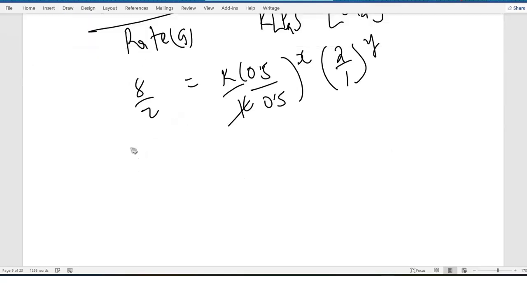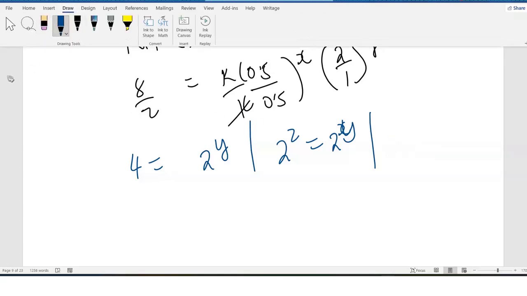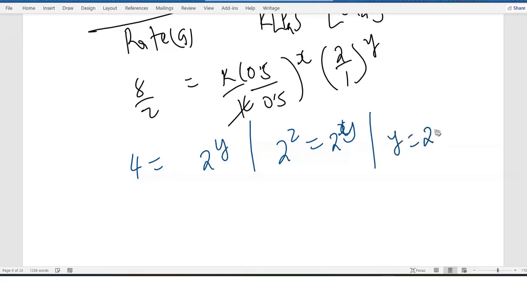This is going to be 4, which will equal 2 power Y. But we know 4 can be expressed in terms of 2 squared. So this is 2 to power Y, and Y is equal to 2.